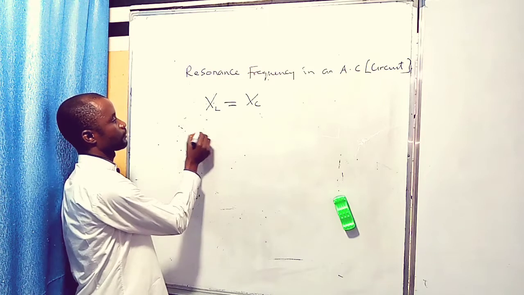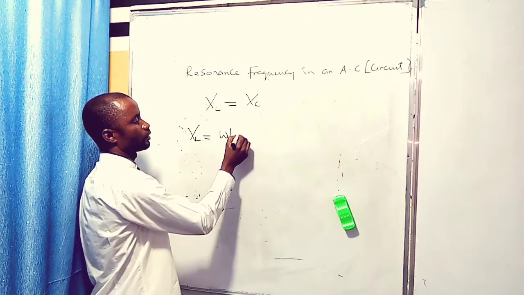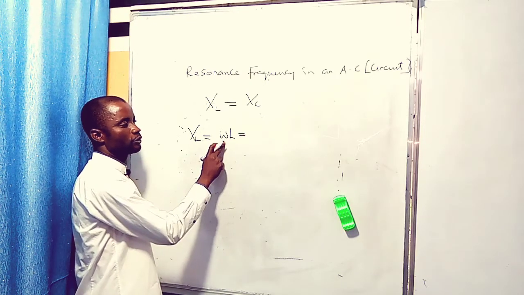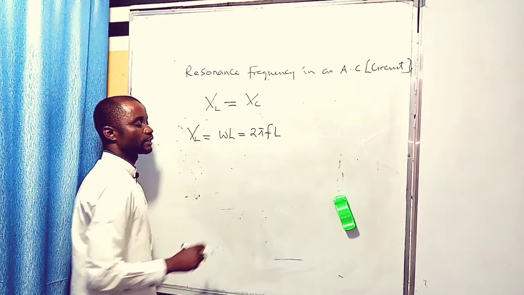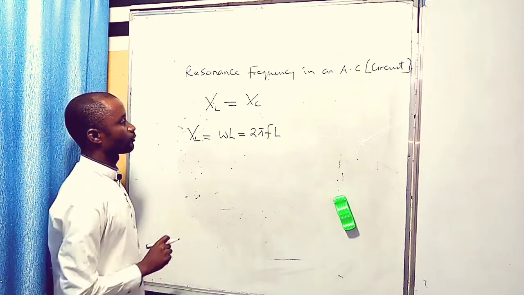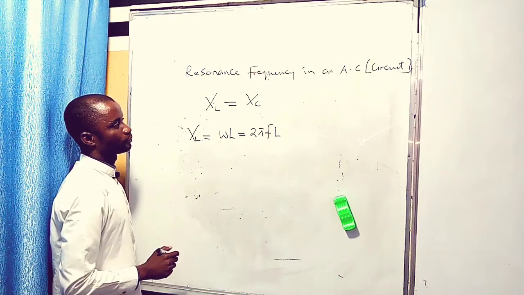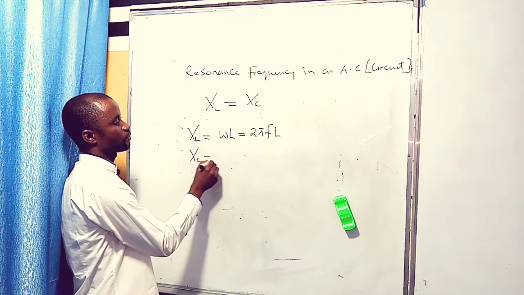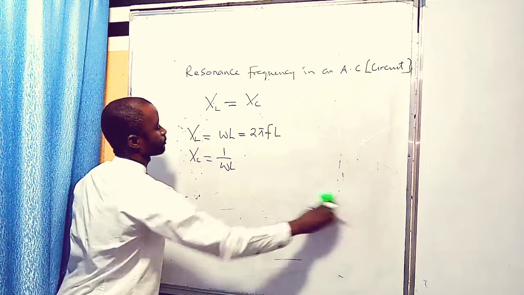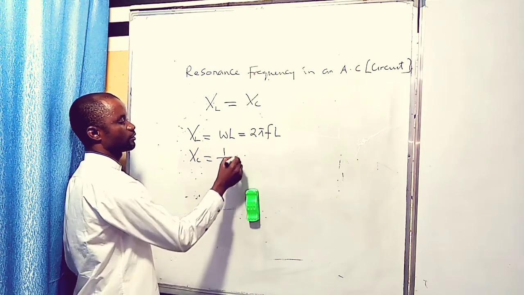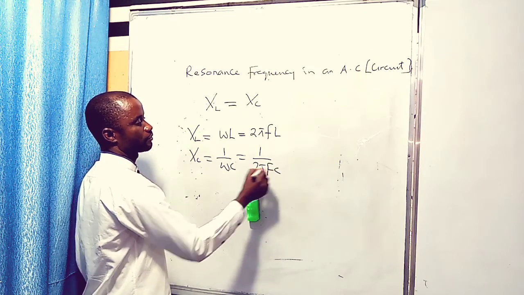But recall that XL is equal to omega L, where omega equal to 2 pi f. This is known as angular frequency, and this is the frequency, and this is the inductor. Now, XC is equal to 1 over angular frequency times C, which is equal to 1 over 2 pi fC.